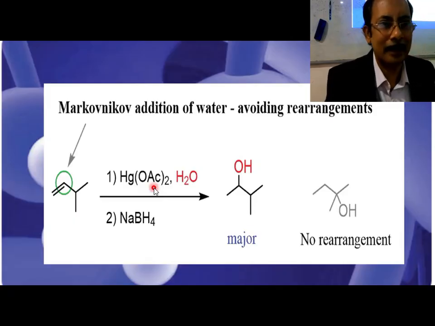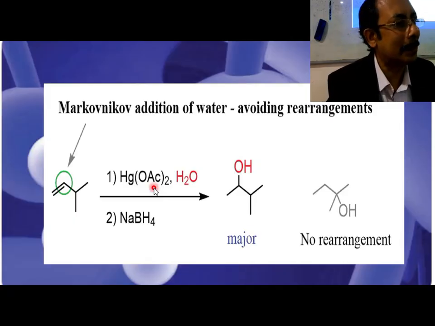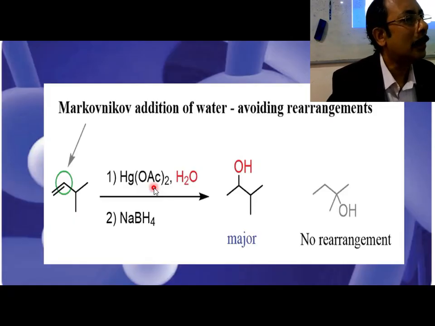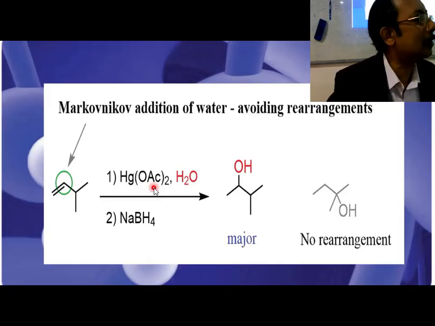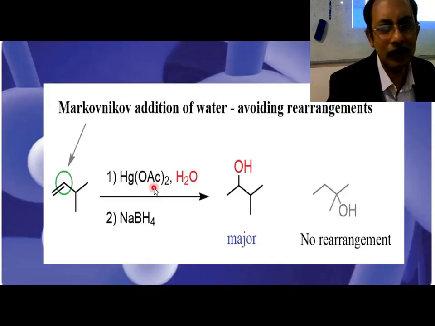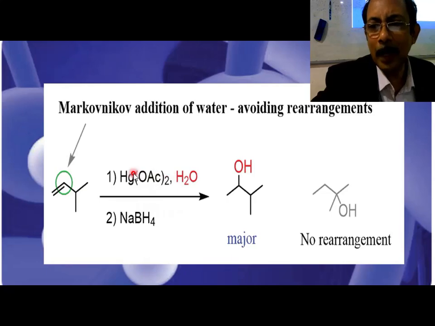So this is mercuric acetate. What is the role? It is a catalyst. Mercuric acetate is a very good catalyst for hydration reaction. Instead of sulfuric acid, we are using mercuric acetate. That is also a salt. Now followed by NaBH4, giving you the major product.